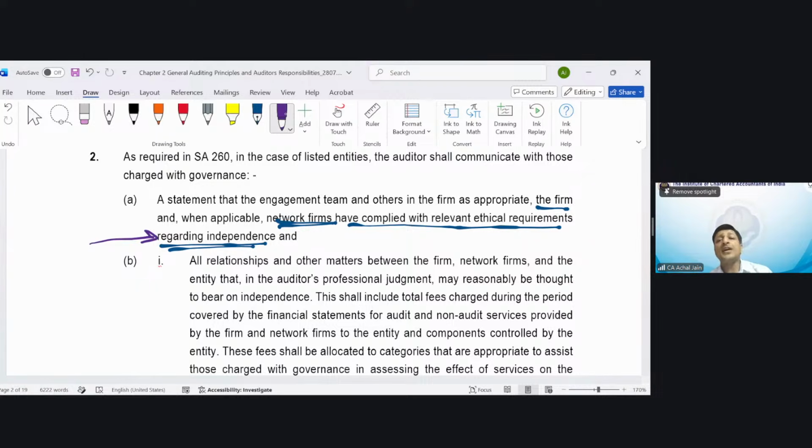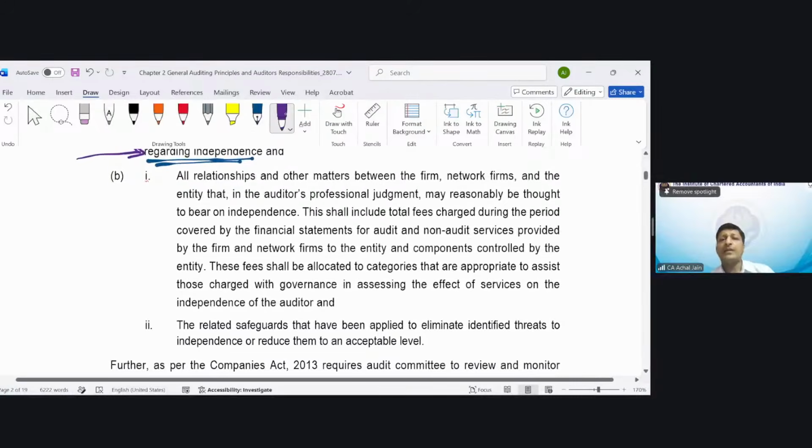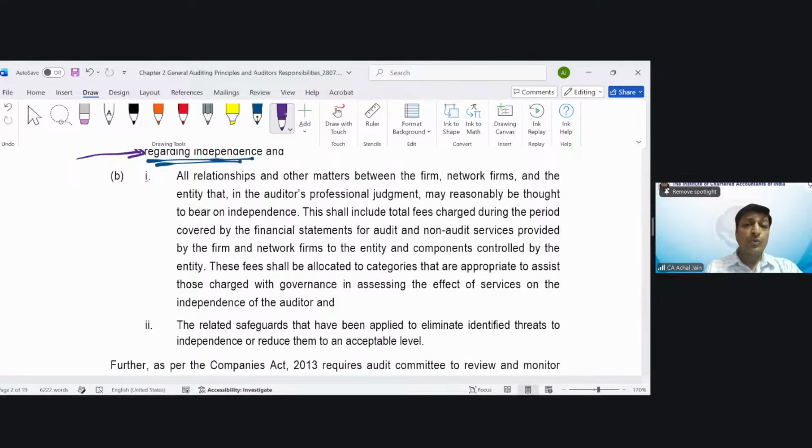All relationships and other matters between the firm, network firms, and the entity that may reasonably be thought to bear on independence. This shall include the total fees charged during the period covered by the financial statements for audit and non-audit services provided by the firm and network firms to the entity and components controlled by the entity.